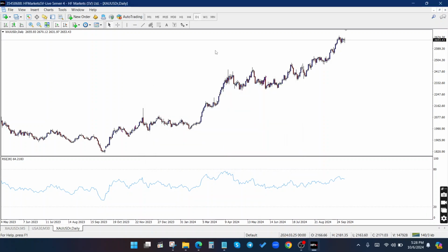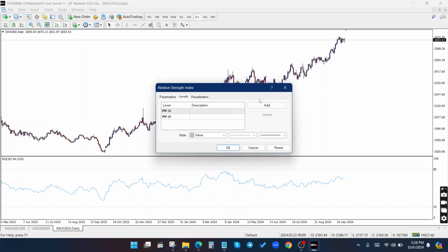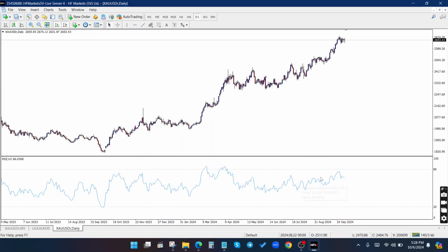Let us change this back to the default 14. So you can see now that it's going to give you higher probability for your trades.